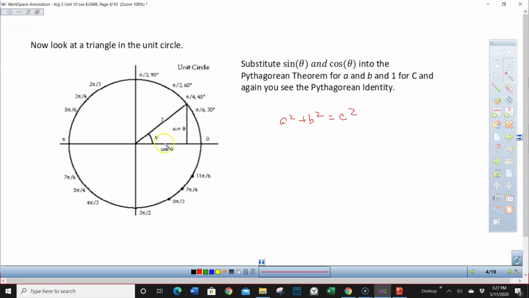In this case, one of these sides is a, so cosine squared, b, sine squared, and c is 1, so that's 1 squared. So we have cosine squared theta plus sine squared theta equals 1. So that is our Pythagorean identity. And it doesn't matter whether you write sine squared theta plus cosine squared theta, either order is fine.